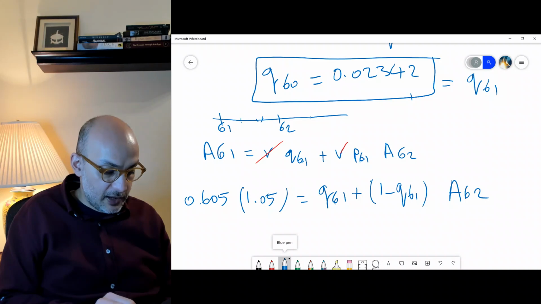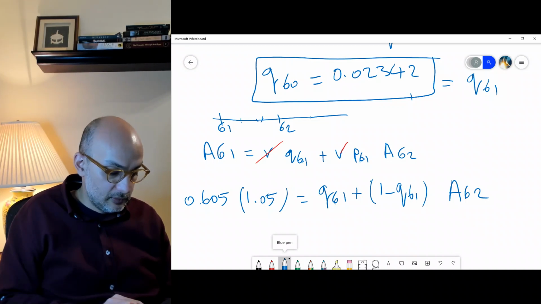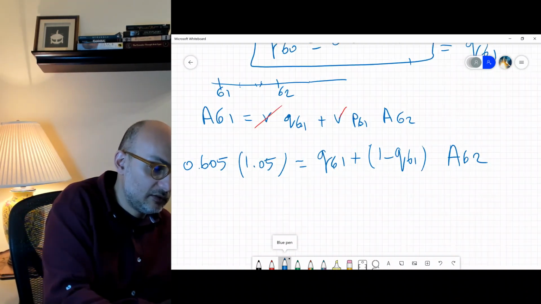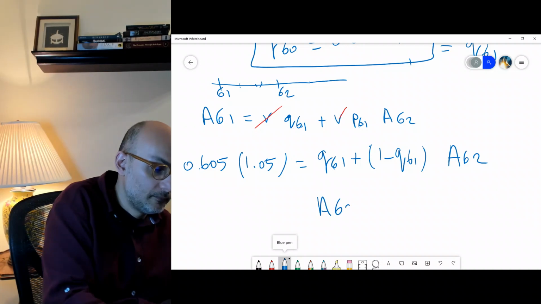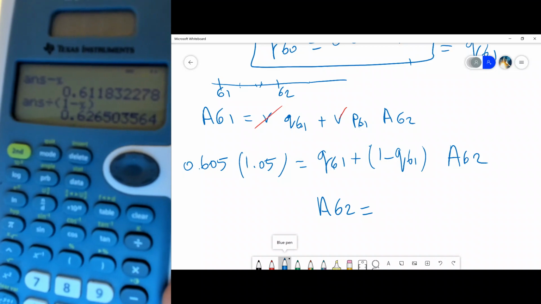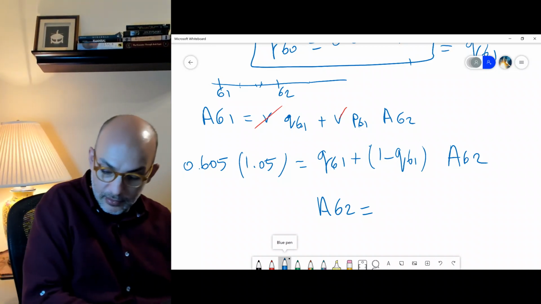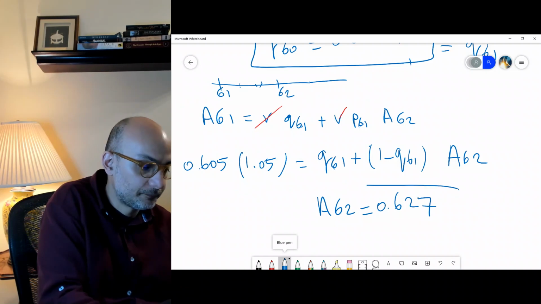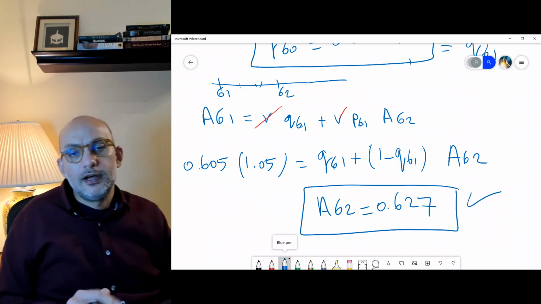Then we subtract from it the q61, then you divide it by 1 minus q61, and what I got here is that a62 is 0.627.